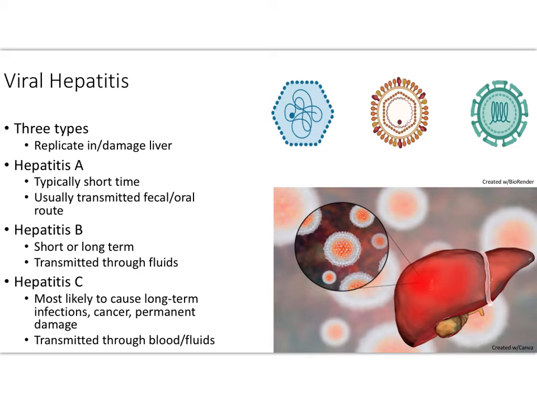The unfortunate thing about this one, well, there are a couple of unfortunate things about this one, but one of them is that we don't have a vaccine for it. The surface of the virus and the antigens that it has are pretty variable, and so it's been very difficult to come up with a vaccine for it because the strain of hepatitis C that one person gets may not match the exact strain that another person gets.